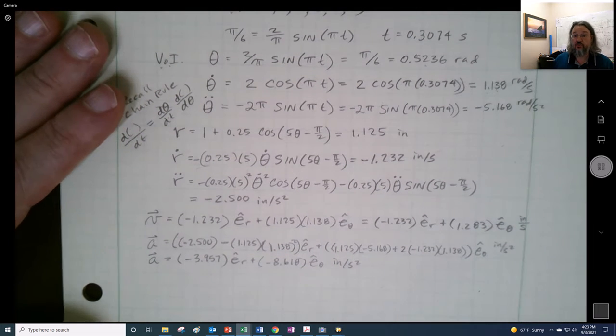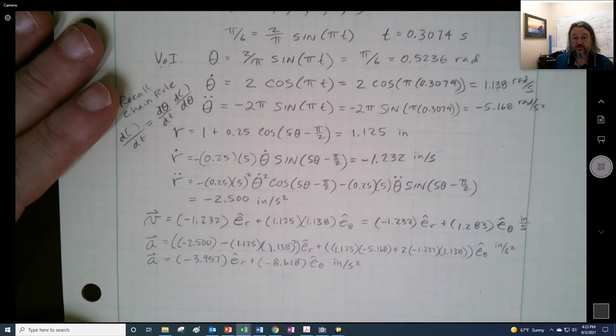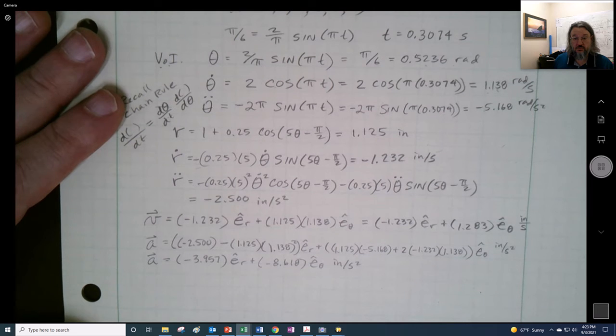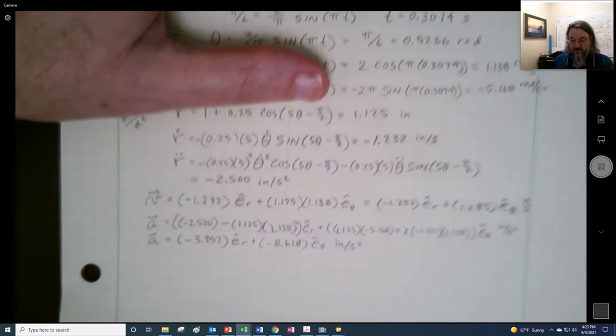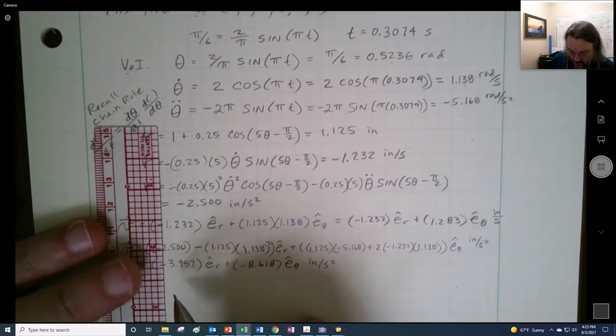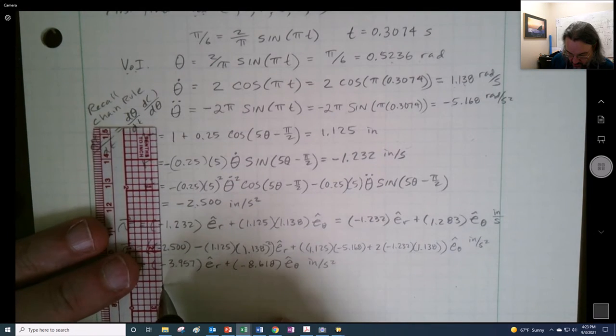Now I want to do the coordinate transformation thing. This will be more practice for the coordinate transformation. I don't know if I want to go to a new page yet. Let me take a look here. Okay, so we can set up the array here on this page.